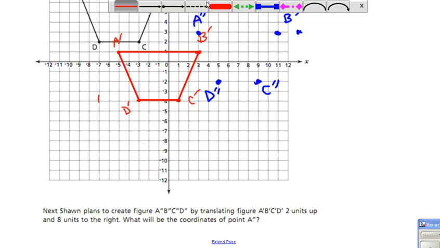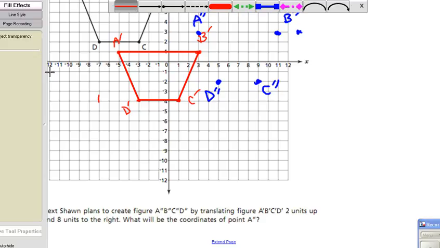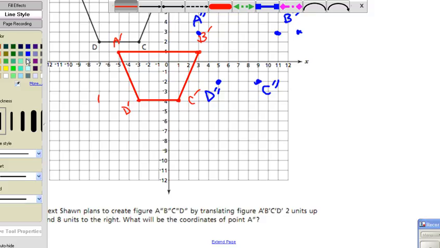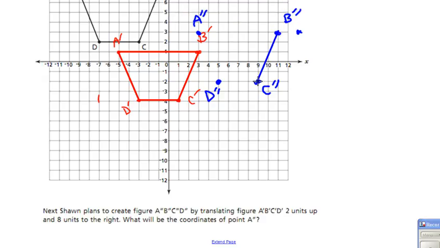So then we have, let me use the blue, so we will have, okay, there it goes. That becomes our final answer. What will be the coordinate of A double prime? So we realize that to be 3 comma 3.